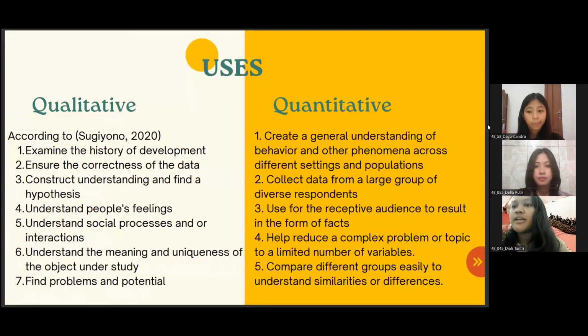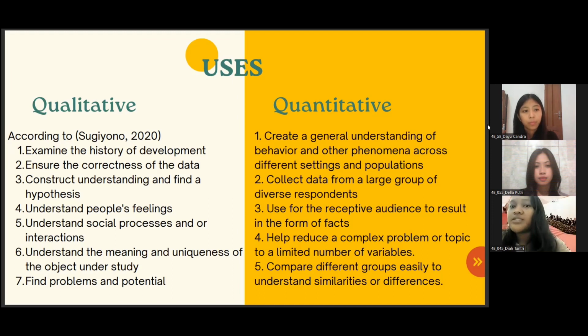Okay, so now we are going to talk about the uses of both research. There are several uses of qualitative research, and according to Sugiono in 2020, the first use of qualitative research is to examine the history of development.